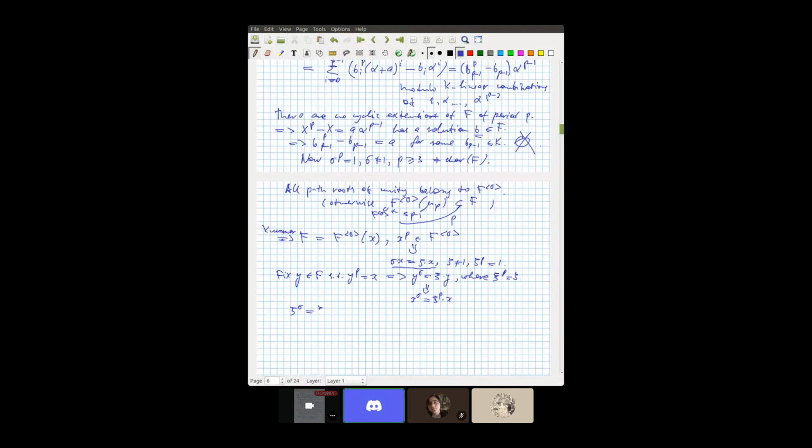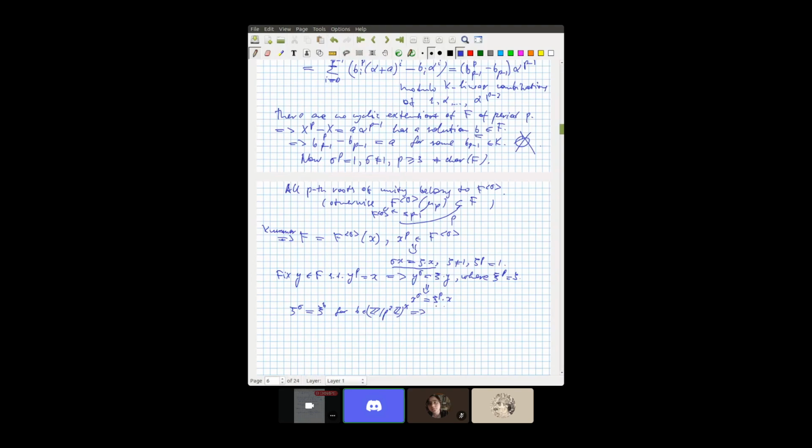So it is psi to the b, where b is some invertible residue modulo p square, because this is a primitive root of order p square.